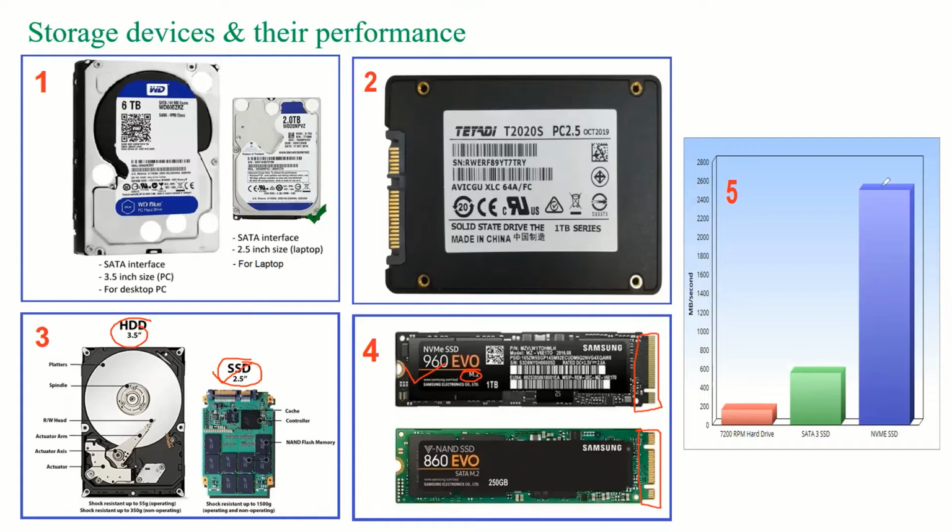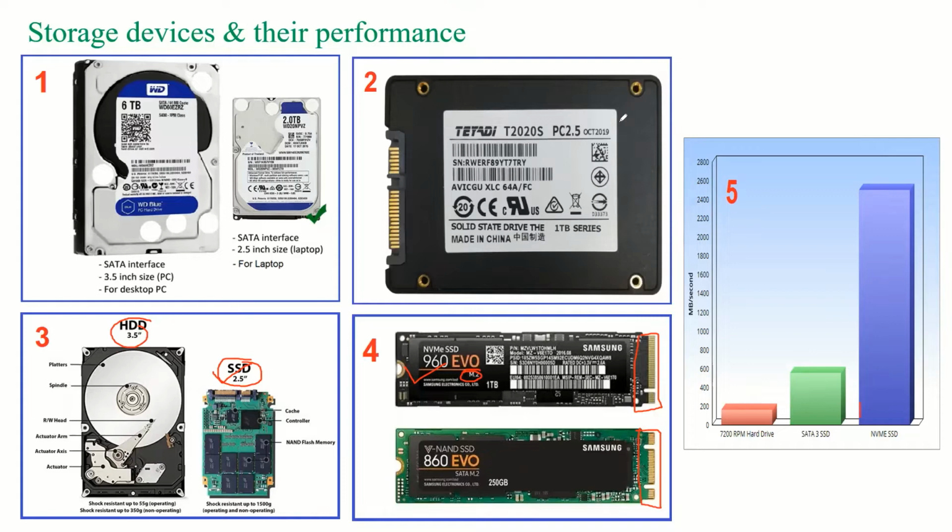Suppose you have this type of storage installed in your laptop or desktop computer, your Windows operating system can start within 2 to 3 seconds. The moment you press the power button, in the blink of an eye, you can see the operating system, that is, the login screen is already there. It works so fast.